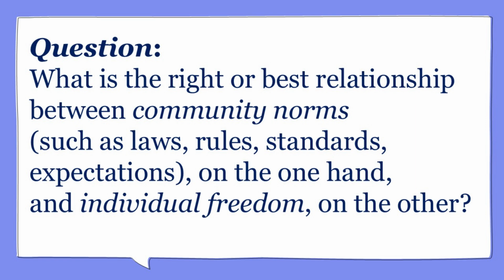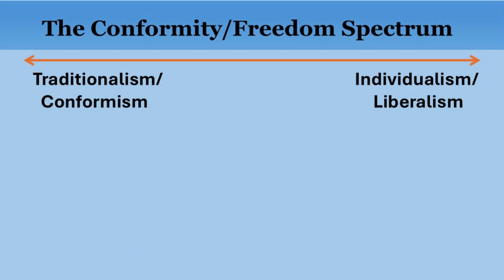So answers to this question fall on a spectrum. At one end of the spectrum are conformist or traditionalist societies, which place a strong priority on community over the individual. In these contexts, individuals are expected to conform to social rules, conventions, expectations, and traditions, with limited space being permitted for individual voice, choice, or initiative.